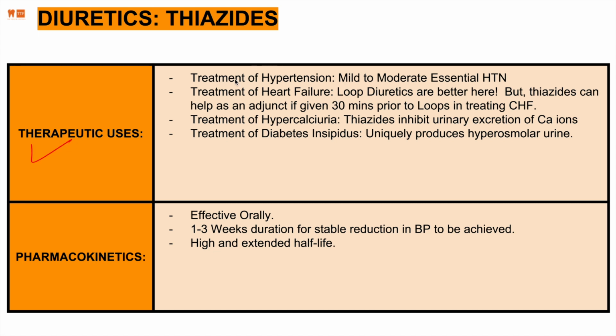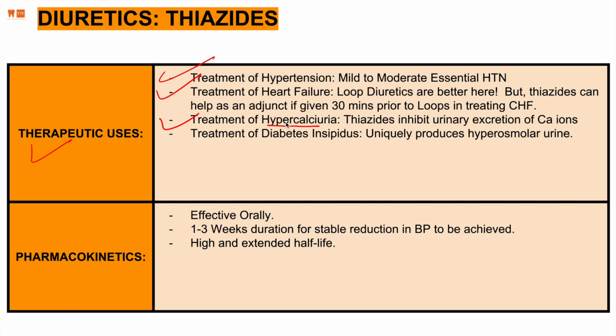Okay, therapeutic uses. When should we use thiazides? Treatment of hypertension, mild to moderate essential hypertension, because we have no etiology. Treatment of heart failure. Loop diuretics are better here because they're more potent, but thiazides can help as an adjunct if given 30 minutes prior to loop diuretics while treating congestive heart failure. Treatment of hypercalciuria.